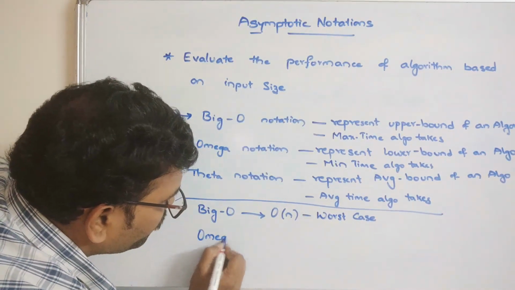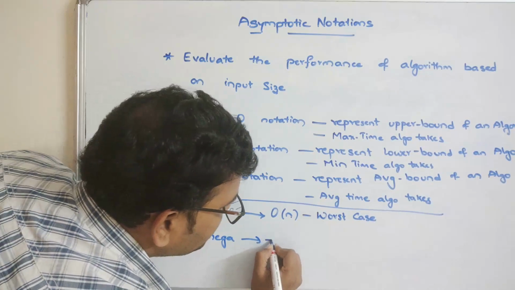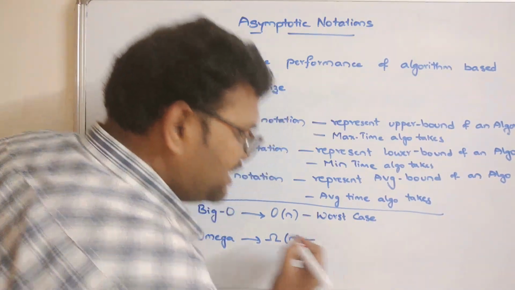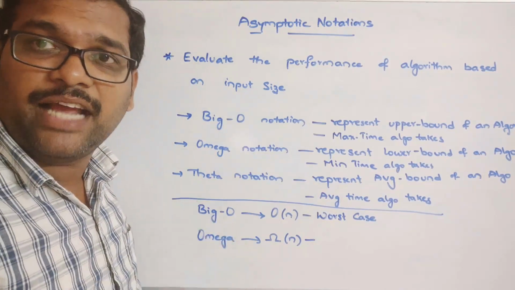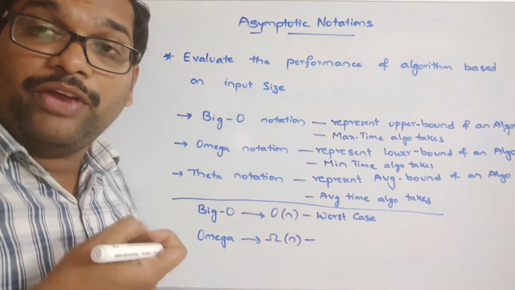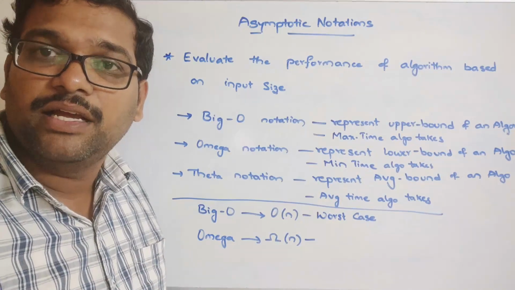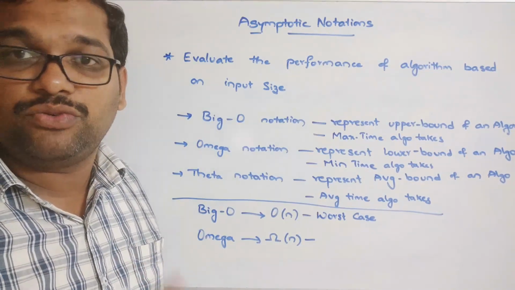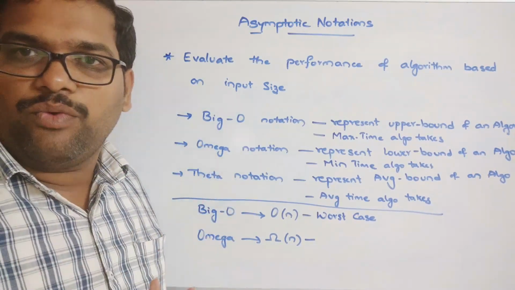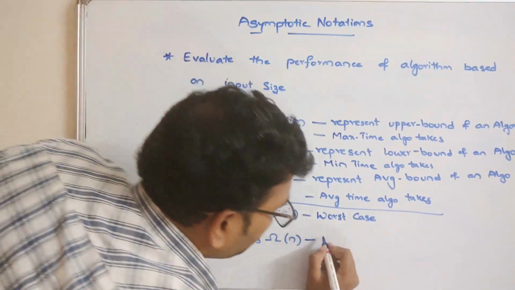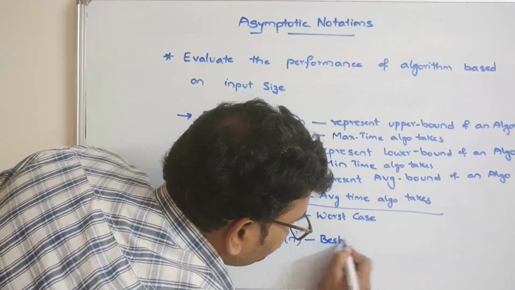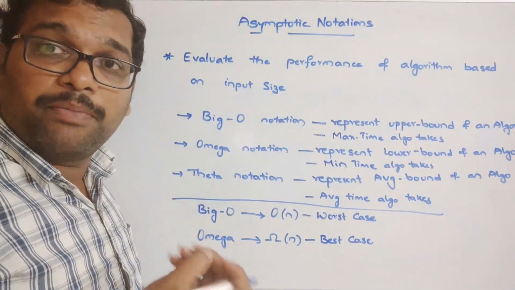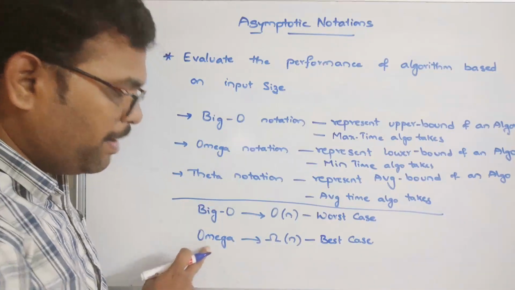Similarly, omega notation is represented as omega of n. This is best case time complexity, because we are calling it the best case, meaning the minimum time the algorithm requires to complete its execution. So the best case time complexity will be represented with omega notation.